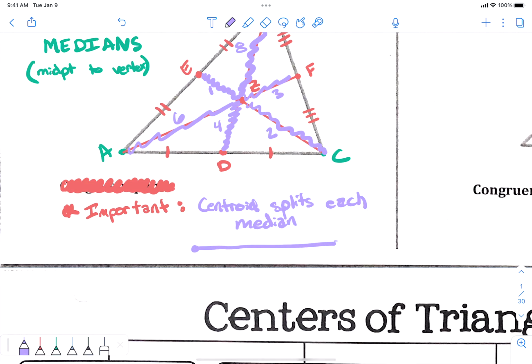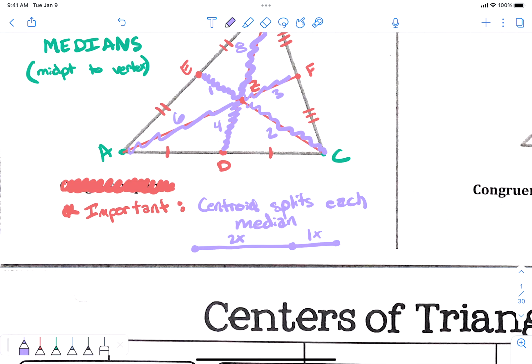Centroid splits each median. I'm going to go 2 times 1 time. Does that make sense? You see how that works? Okay, so one portion of the line segment will always be double what the other one is. So it's kind of fun. It's kind of like a little puzzle. Okay, good? Happy with that?